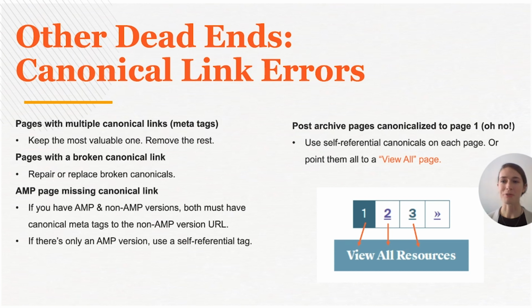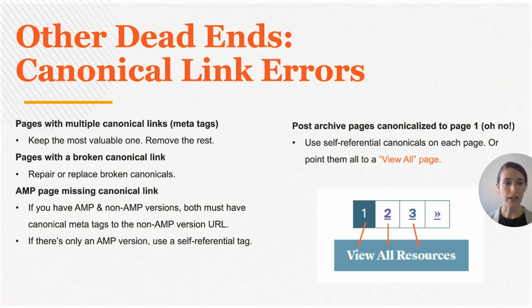So here are a few best practices to look for. First of all, you don't want to have multiple canonical links on a single page. You want to stick with the one that is the most valuable and the true original version of that content. Next, make sure that the canonical link you use is a real, true link that works and is not broken.